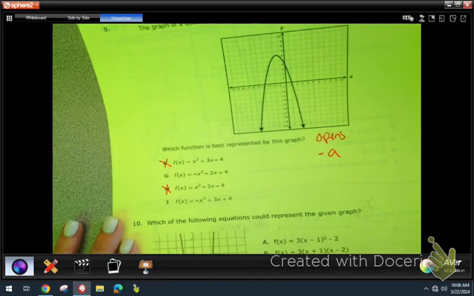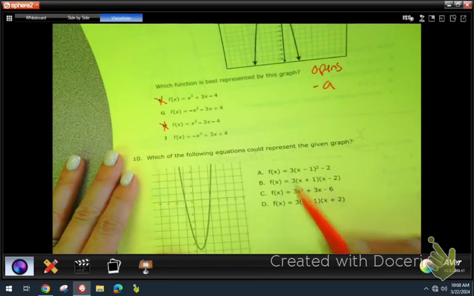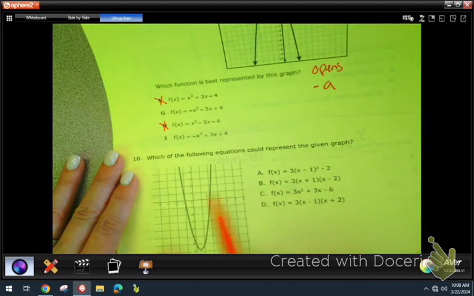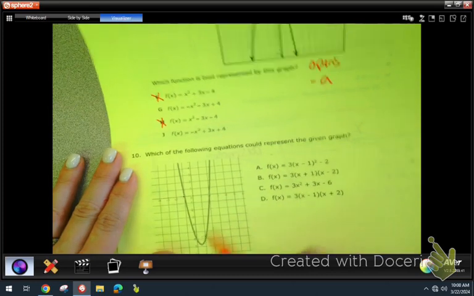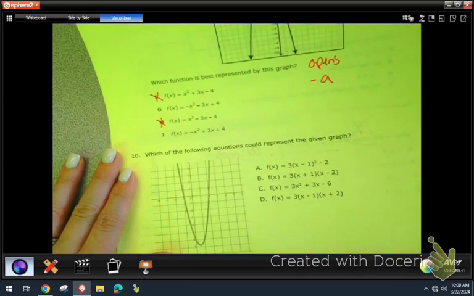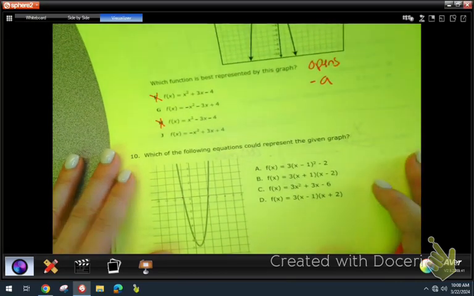Okay? Now, you can't use that up or down trick on number 10, but you can use some of your key features and work backwards from there. Okay? I would grab some points. You've got x-intercepts, you've got y-intercepts. Your vertex doesn't look like a pretty point, but you can check from there, okay? So it's just going back and forth and trying to match the graph.